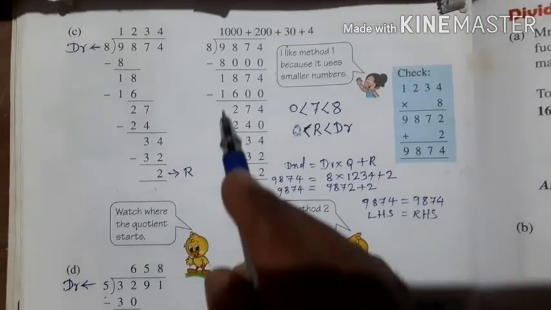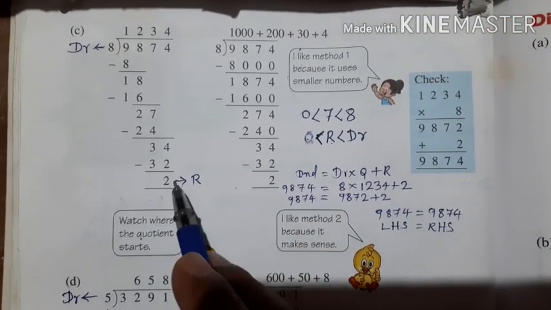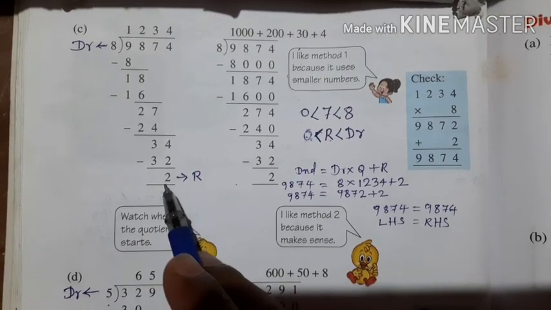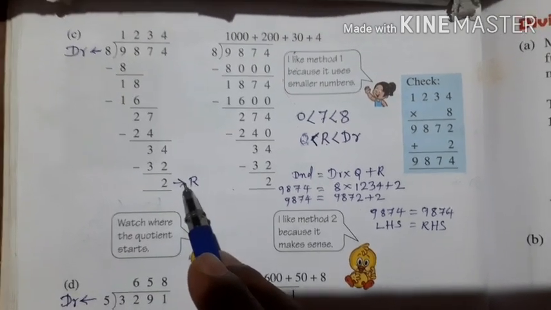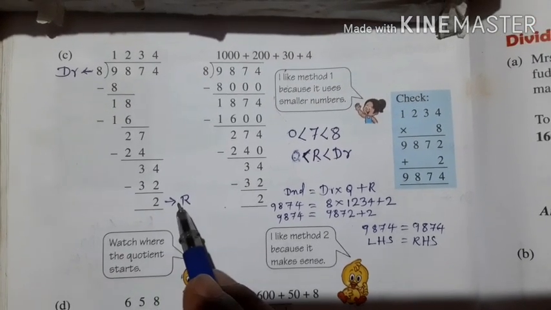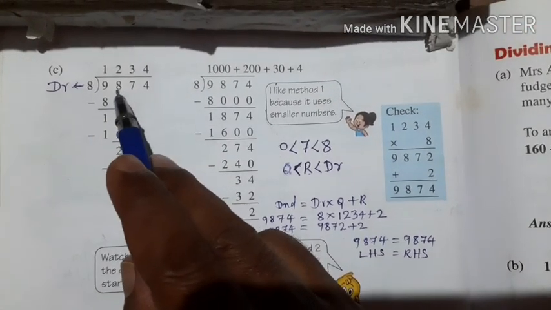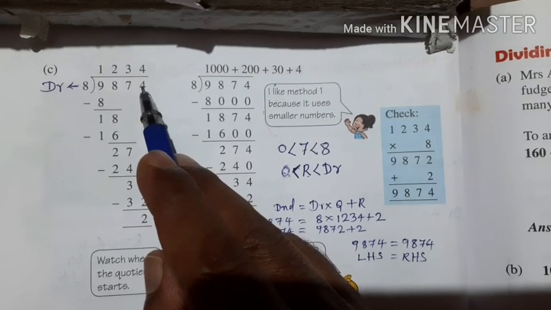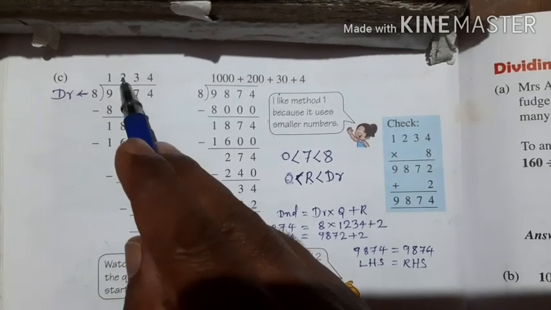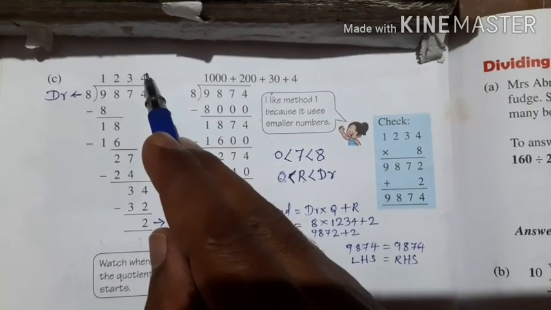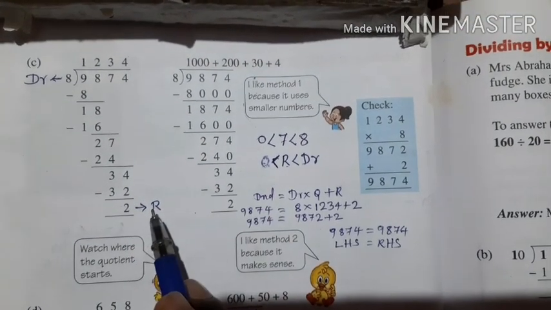So children, in this case also the remainder is not equal to 0, it is equal to 2. Hence, it is an incomplete or inexact division. So this is 9,874 which is the dividend and 8 is the divisor and 1,234 is the quotient and the remainder is 2.